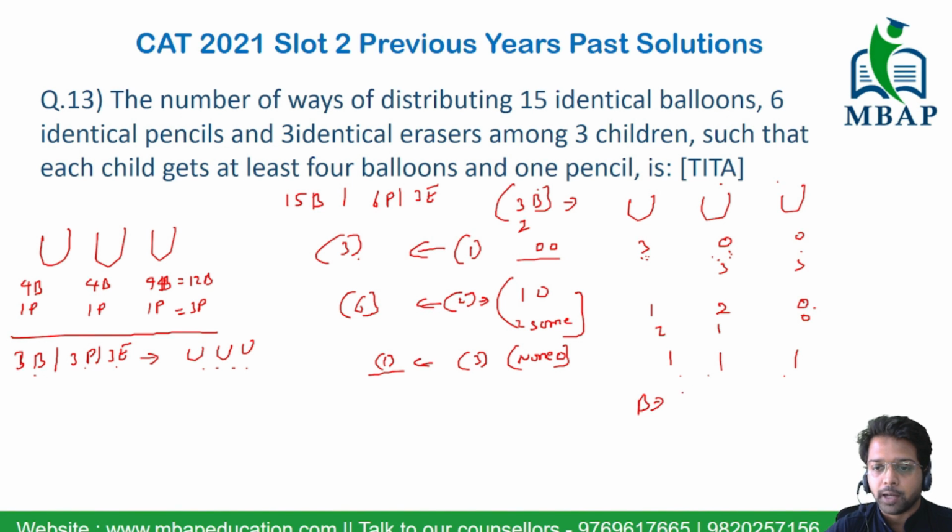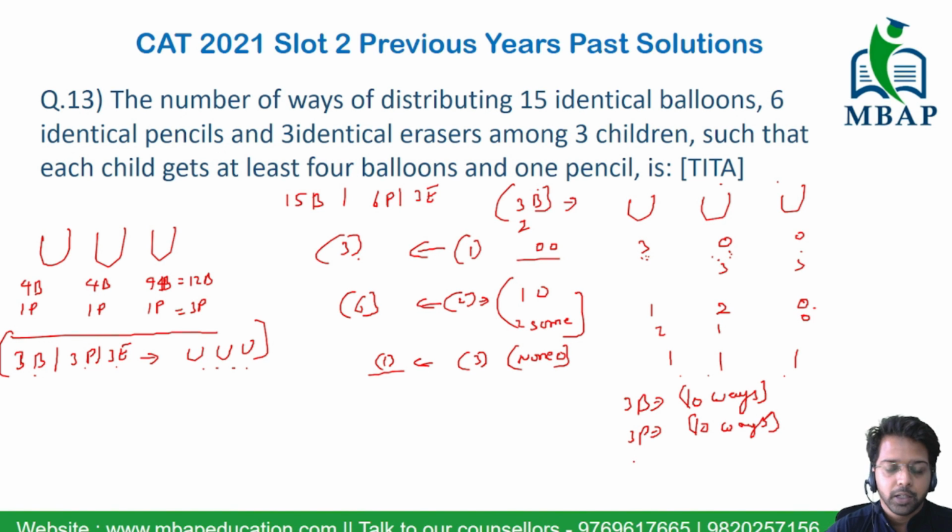So for balloons, I found 10 ways. Taking care of the restriction, I am getting 10 ways of distributing the leftover balloons. But apart from balloons, I also have got 3 pencils. So 3 pencils will also be distributed in how many ways? In 10 ways.